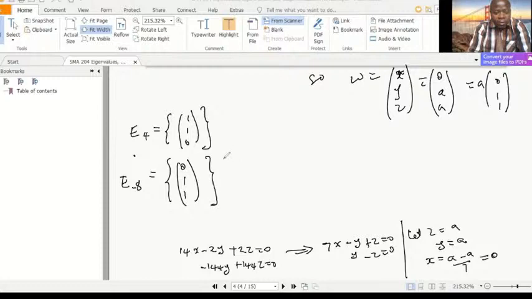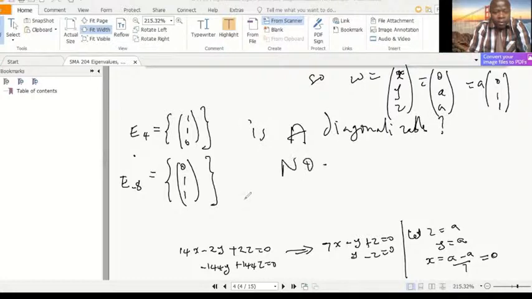Now, the question was: is this matrix A diagonalizable? And the answer is no. It's not, because it was a 3 by 3 matrix, but we only have 2 eigenvectors. We needed 3 eigenvectors for it to be diagonalizable, because we are dealing with a 3 by 3 matrix.